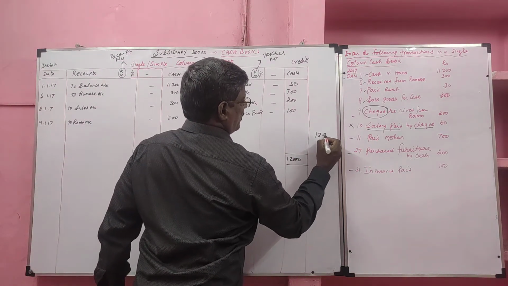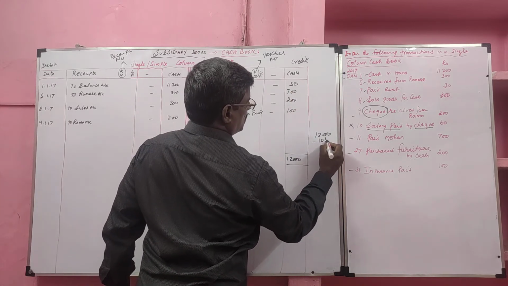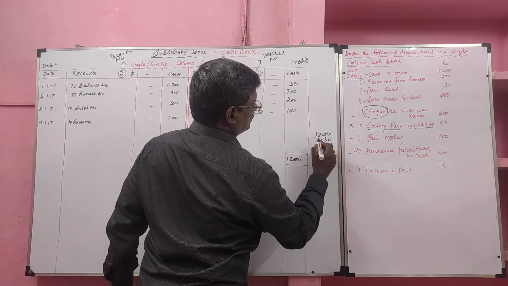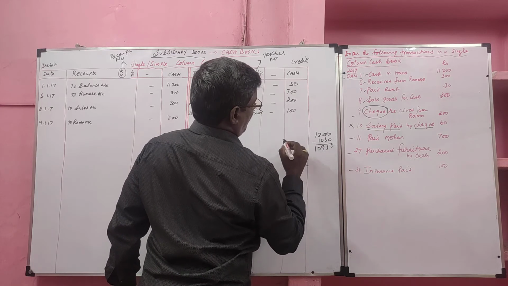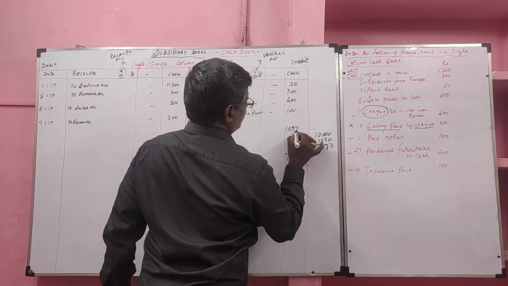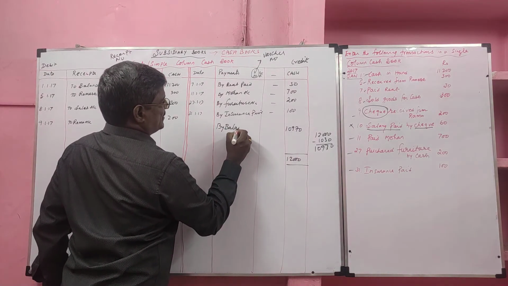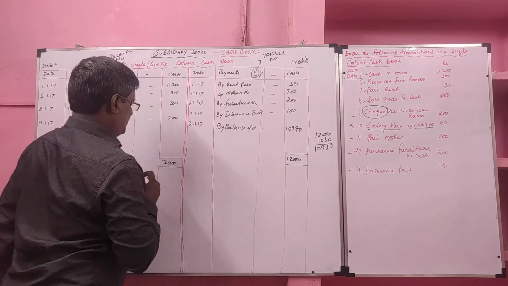So our debit total is 12,000 and credit total is 1,030. Balance 10,970. It is by balance c/d, the closing balance at the end of the month.